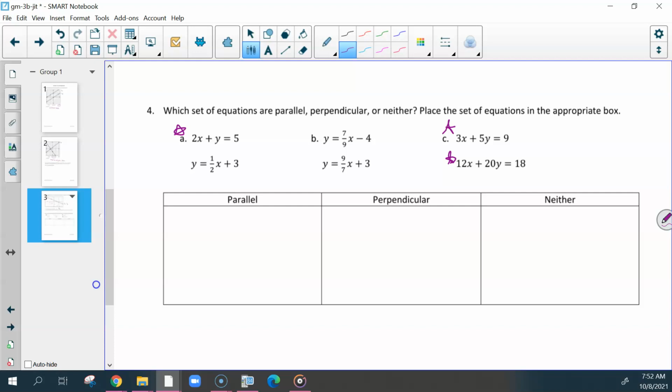So those are going to be my neither case. I'm just going to put B instead of rewriting them both. So A is either parallel or perpendicular. When I solve this, I have to subtract 2x to the other side. And as I'm looking at these two slopes, I have 1/2, I have -2. Those are negative reciprocals. So A for my perpendicular lines, which means C has to be my parallel lines.